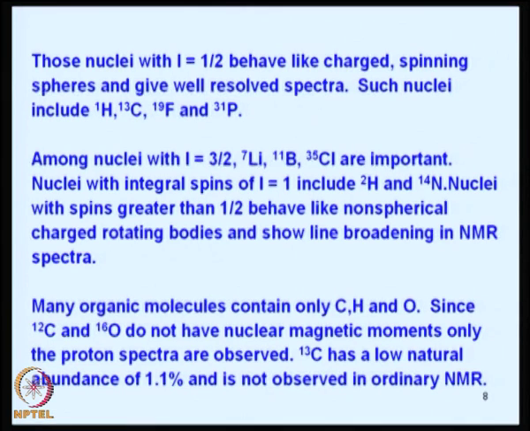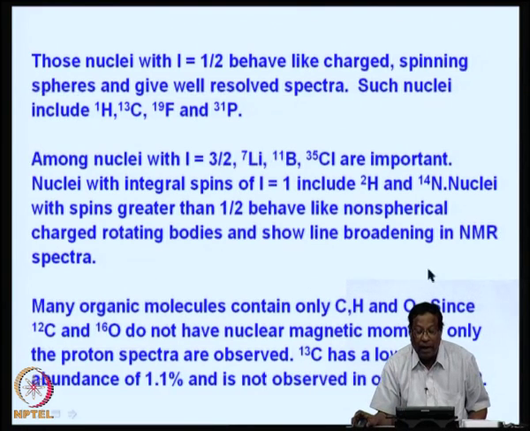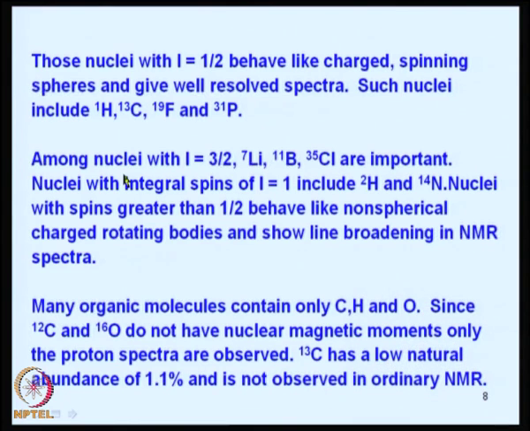Among the nuclei with I equal to 3/2, 7Li, 11B and 35Cl are important. Nuclei with integral spin of I equal to 1 include 2H and 14N that we have seen in the table. Nuclei with spins greater than 1/2 behave like non-spherical charged rotating bodies and show line broadening in NMR spectra.